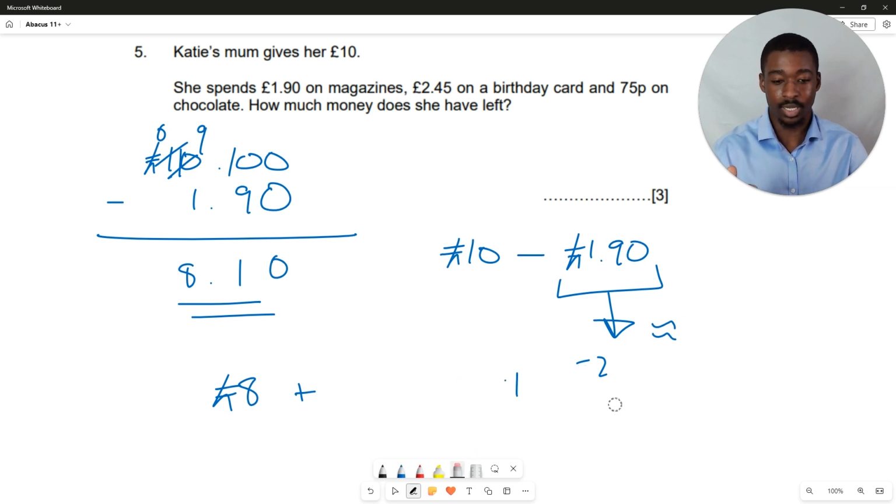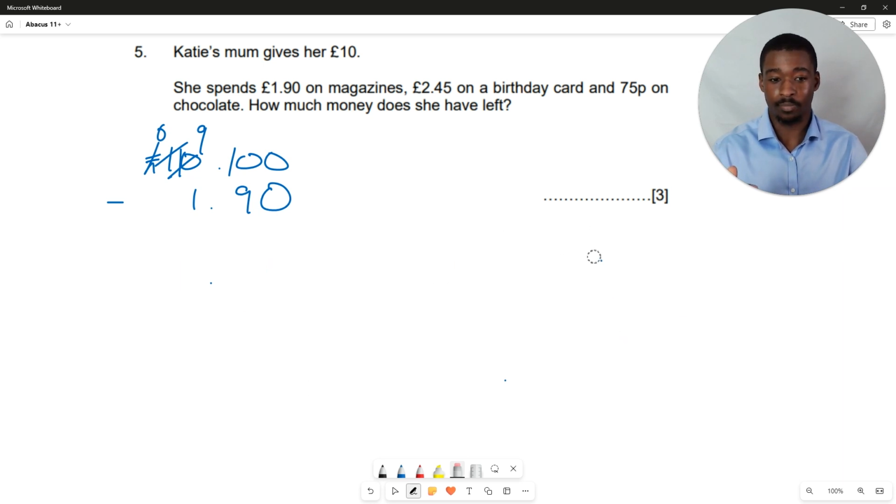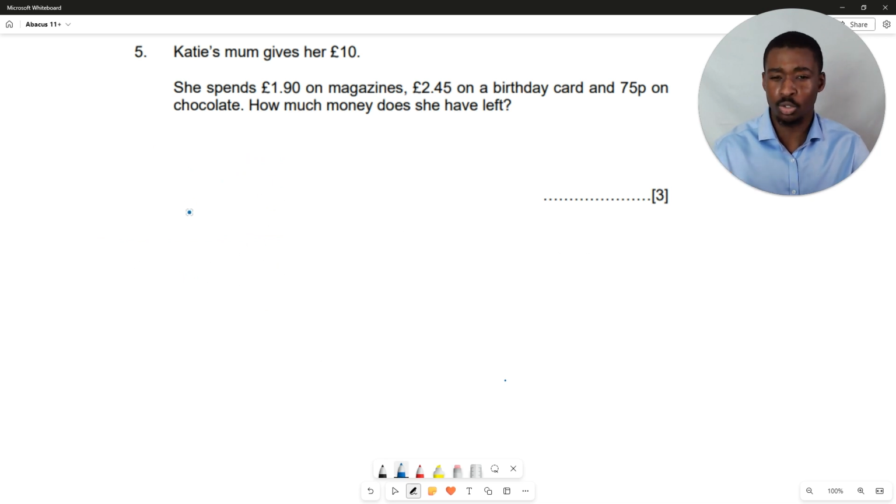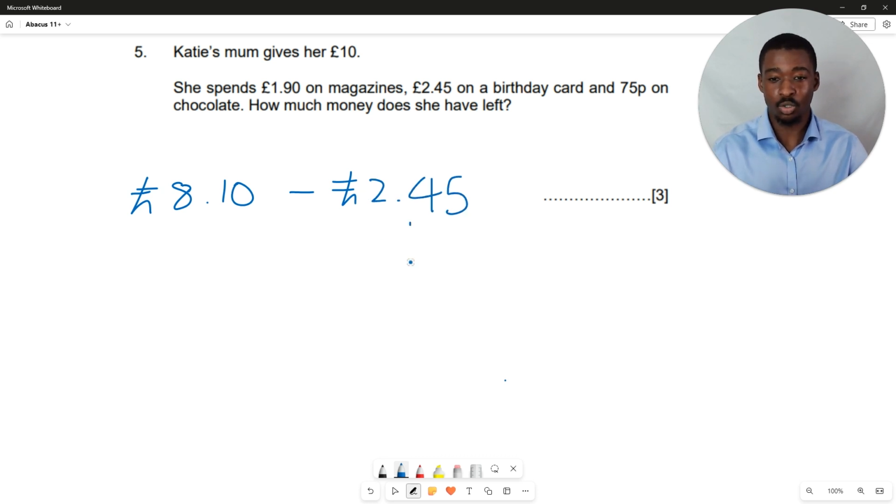Okay, so let's clear all this up. We know we're starting with £8.10. And once we have £8.10, we're now subtracting £2.45. Let's try and use our mental maths here. So £8.10, we're subtracting now £2.45 that she spent on a birthday card. What's £2.45 very close to? It's very close to £2.50. So we can do £8.10 minus £2.50. Well, £8.10 minus 2 whole pounds is going to be £6.10.